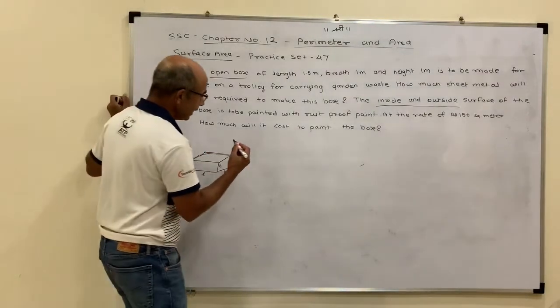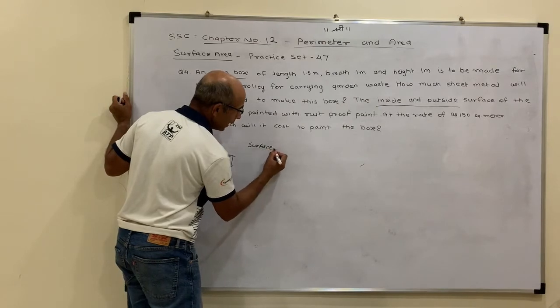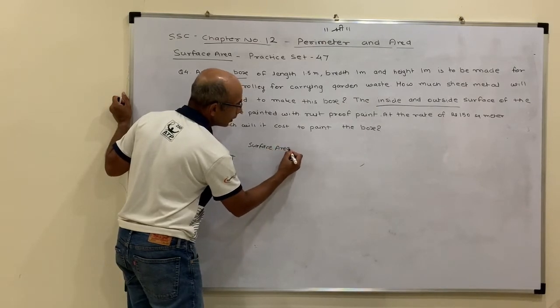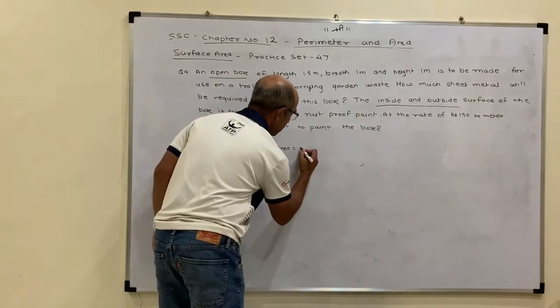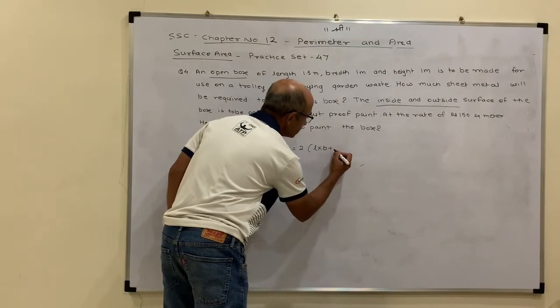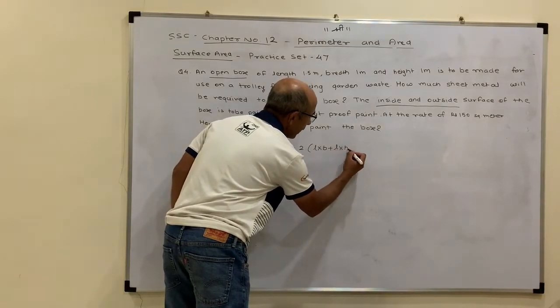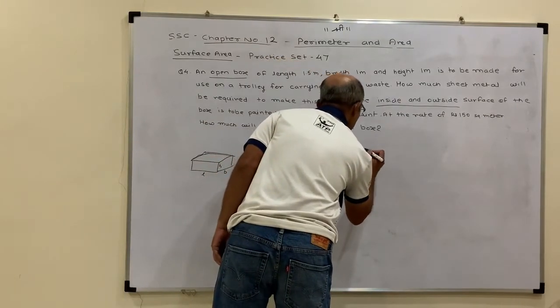Now the surface area will be, we use the same formula, 2 into length into breadth plus length into height plus breadth into height.